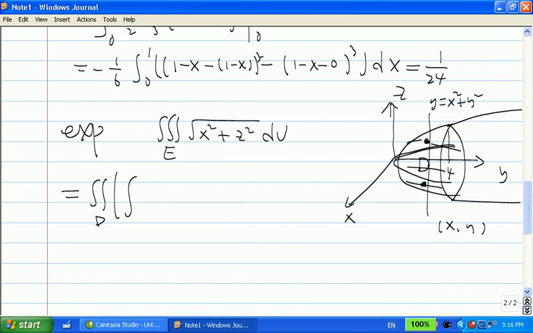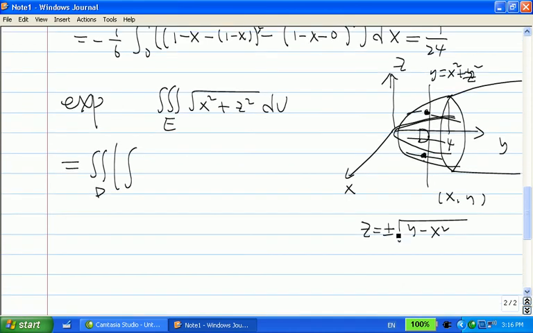Your bottom surface is a part of a paraboloid, so is the top surface. So for knowing x and y, we want to solve for z. Solving for z, your z there equals positive and negative square root of y minus x squared.